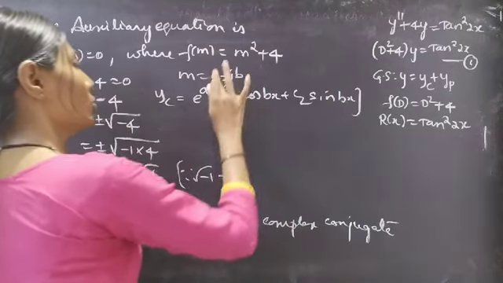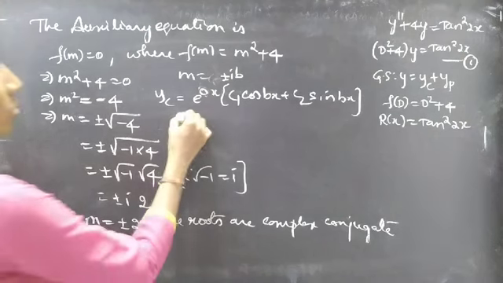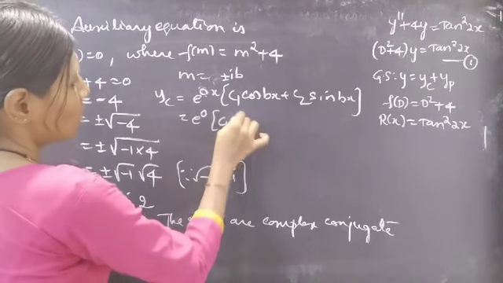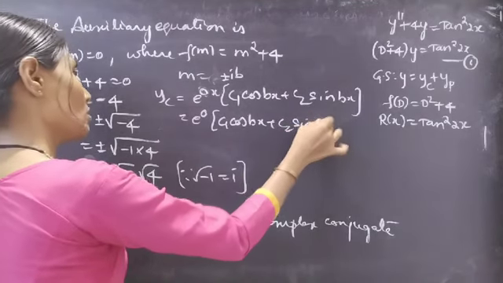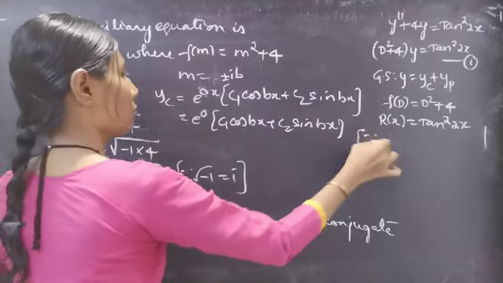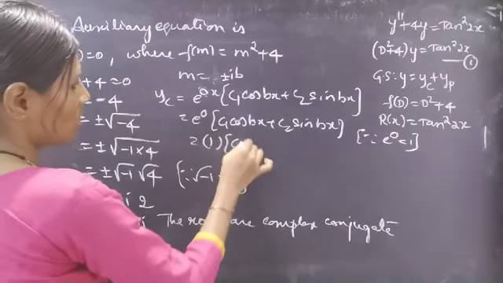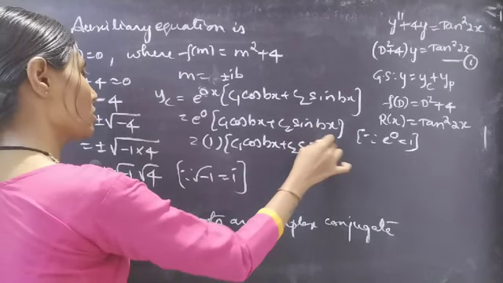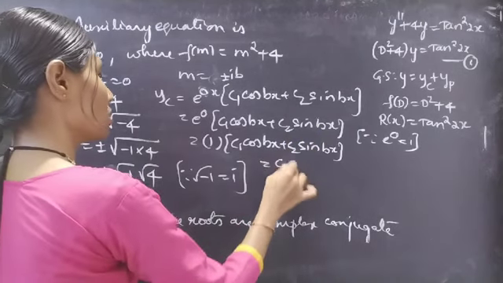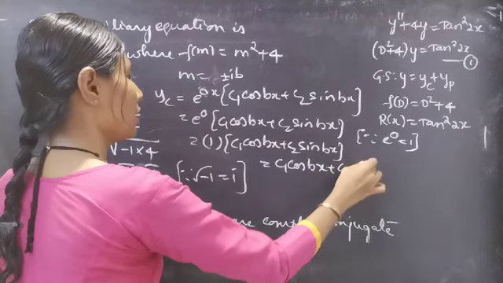In case a is 0, we'll get e power 0 into x, right? Which equals e power 0 into c1 cos bx plus c2 sin bx. Since e power 0 is 1, we'll get 1 into c1 cos bx plus c2 sin bx, which equals c1 cos bx plus c2 sin bx, right?